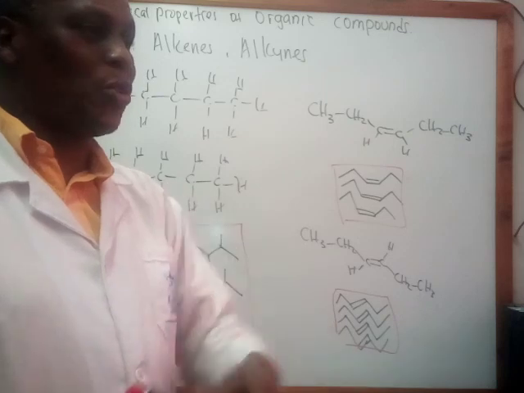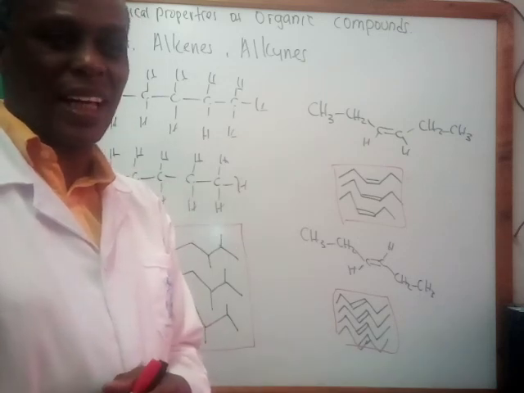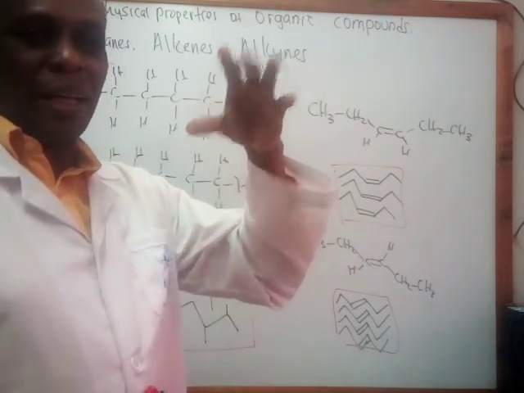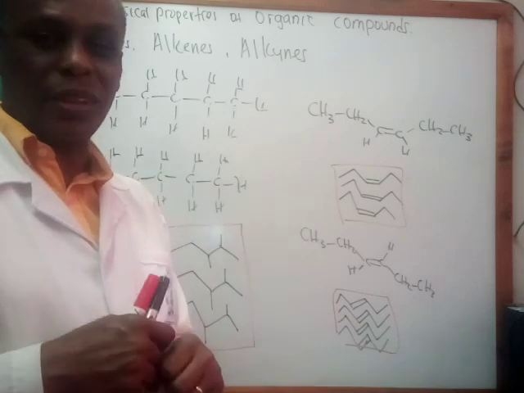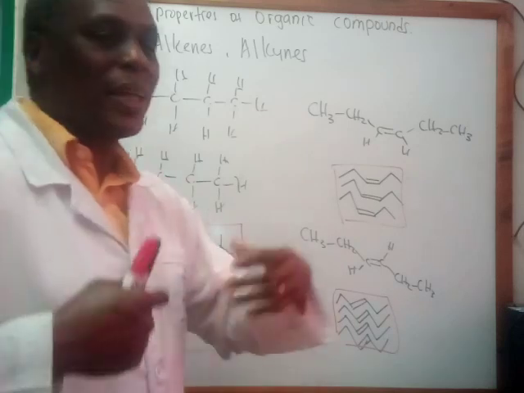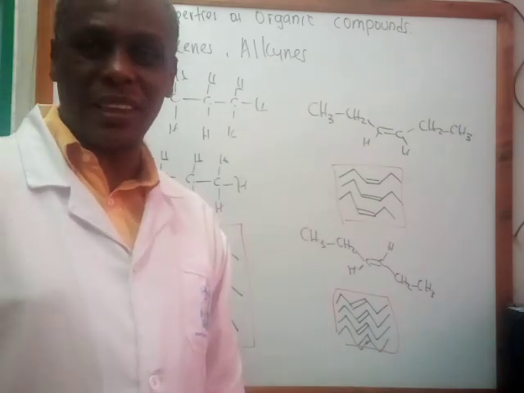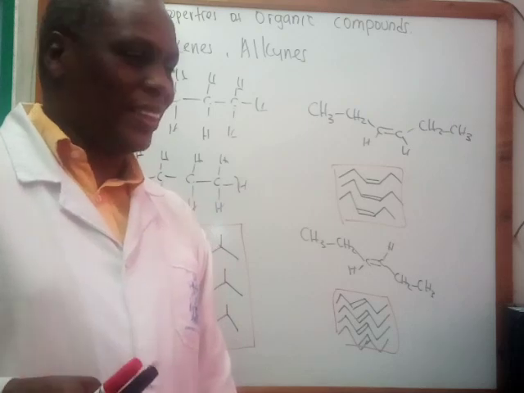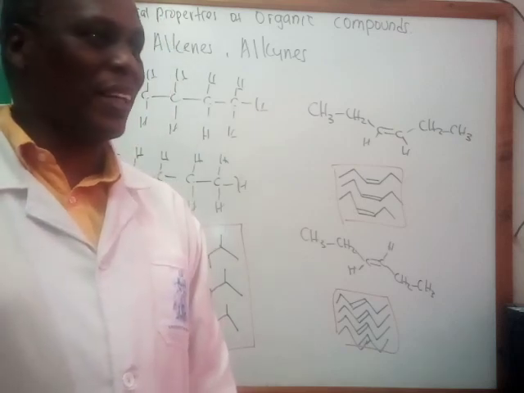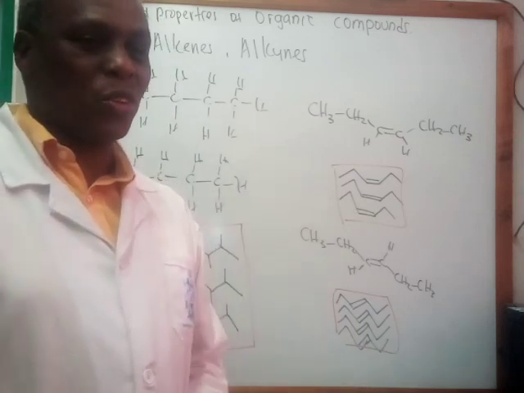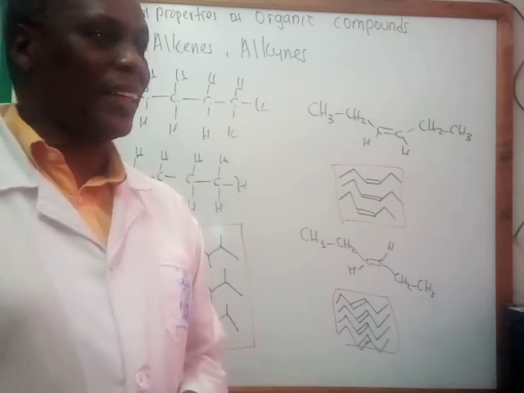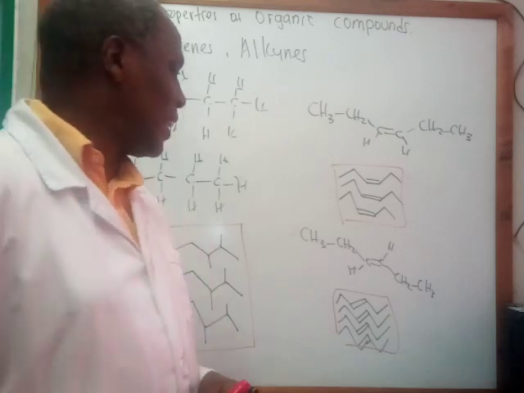But if you get it into an isomer called 2,2,4 trimethyl pentane, trimethyl means that it has 3 methyl groups, and therefore the total number of carbon atoms is 8, and therefore it's still an octane. But because of the way it's branched, it vaporizes easily, and therefore it burns much more efficiently than the octane, and therefore it is said to have an octane rating of 100, as opposed to the normal octane, or even some other one closer to it, which do not have branches. But that one we're going to mention under the fuels later in the course.